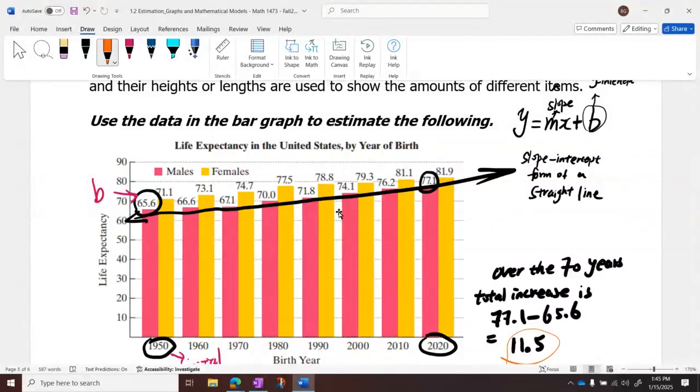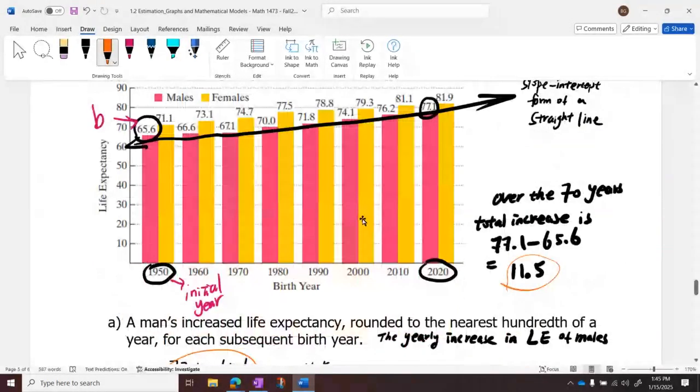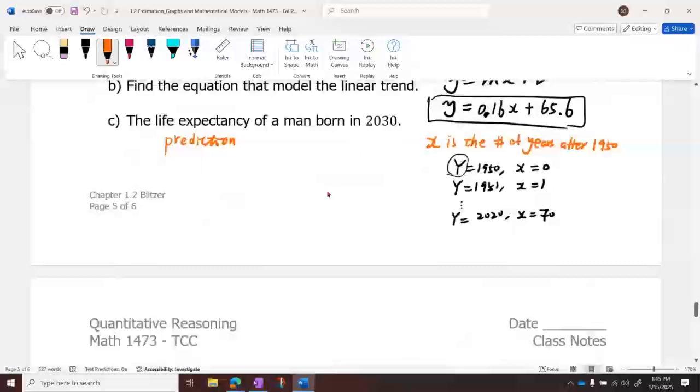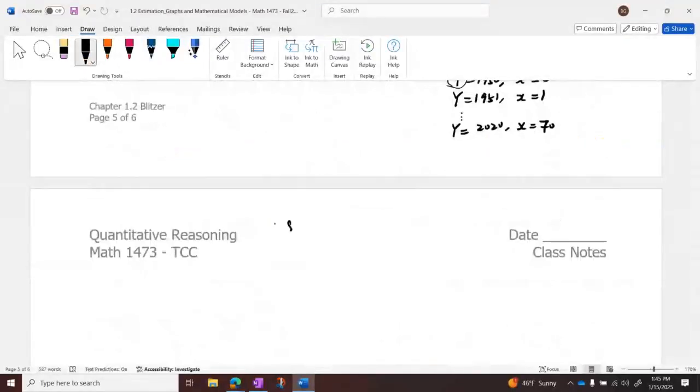That's an advantage of modeling. I don't know how many of you are familiar with the stock market. The professionals have very fancy software. How does that software work? It is actually modeling.